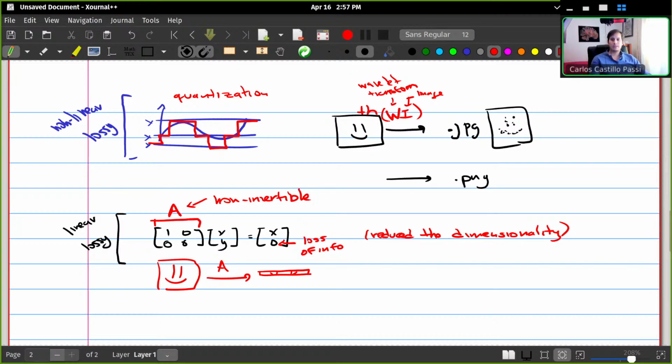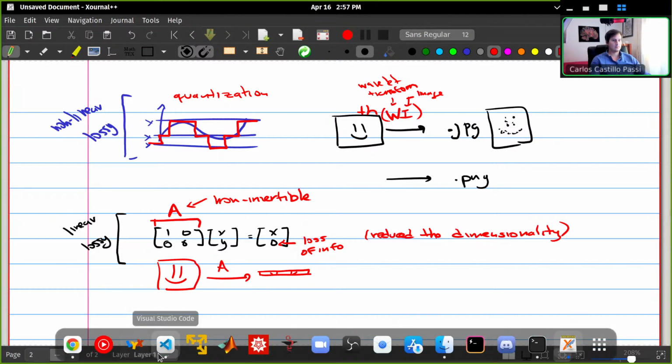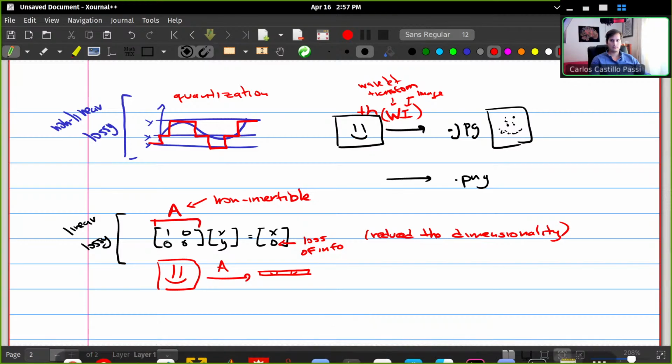And why is it non-invertible? The engineers, can you give me the reason? Or the non-engineers, or whoever knows the answer. What's the particularity of this matrix that makes it non-invertible?